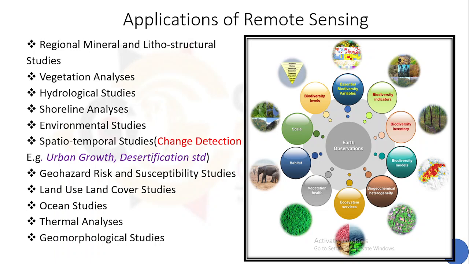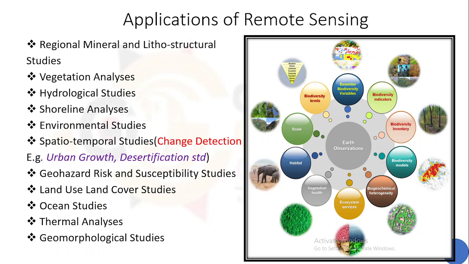So we can rely on the benefits of remote sensing to quantify the extent of change that has occurred in our environment from time T1 to time T2. Now, for geospatial or spatiotemporal analysis, we zoom into what we call change detection.